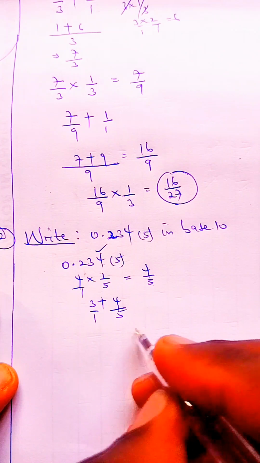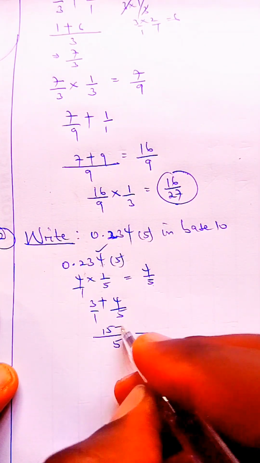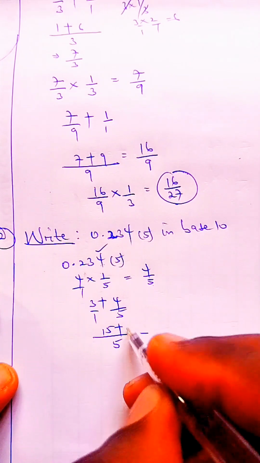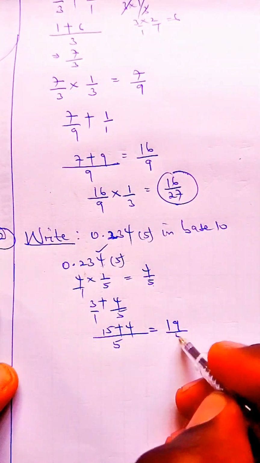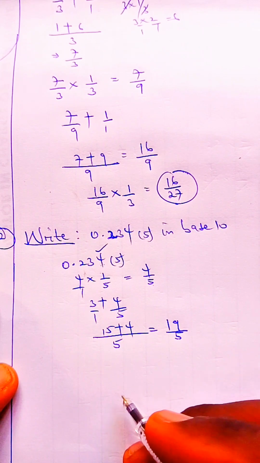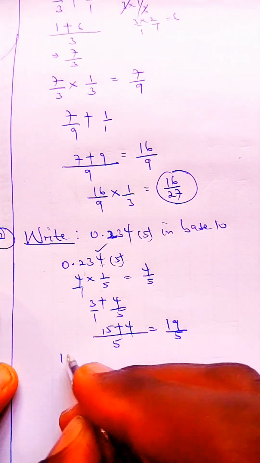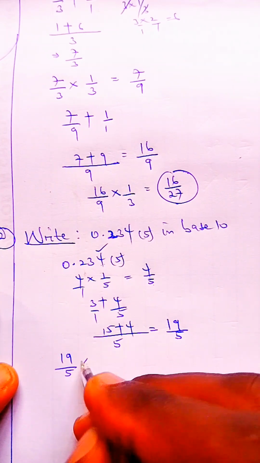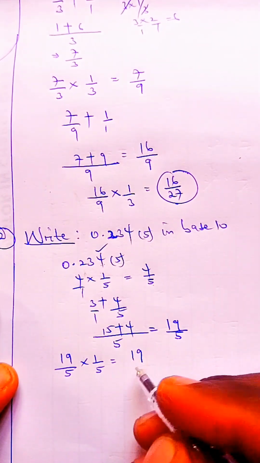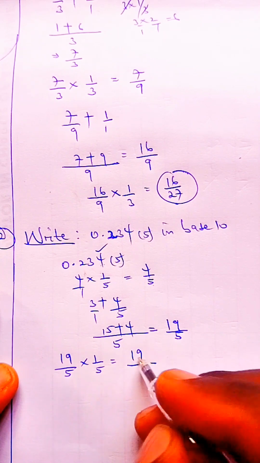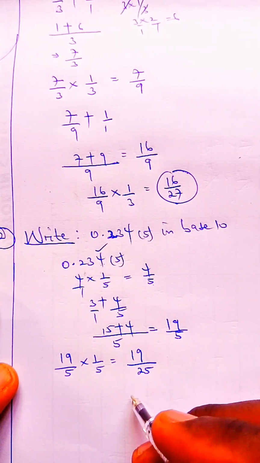LCM of 1 and 5 is 5. 5 times 3 over 1 is 15. 5 times 4 over 5 is 4. 15 plus 4 is 19 over 5. So 19 over 5. The next thing we do after adding is to times 19 over 5 with the base, times 1 over 5. 19 times 1 is 19. 5 times 5 is 25.